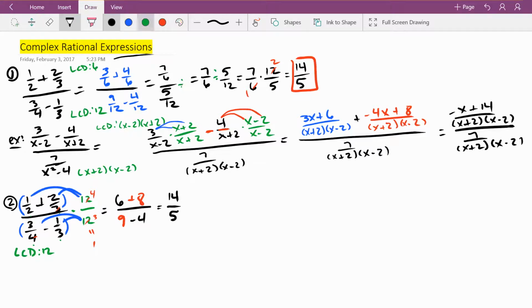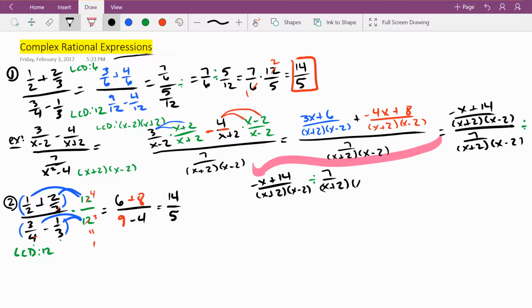Remember that a fraction means divide, so we're going to rewrite that. Negative x plus 14 over x plus 2, x minus 2, divided by 7 over x plus 2, x minus 2. Divide means change to multiply and flip.